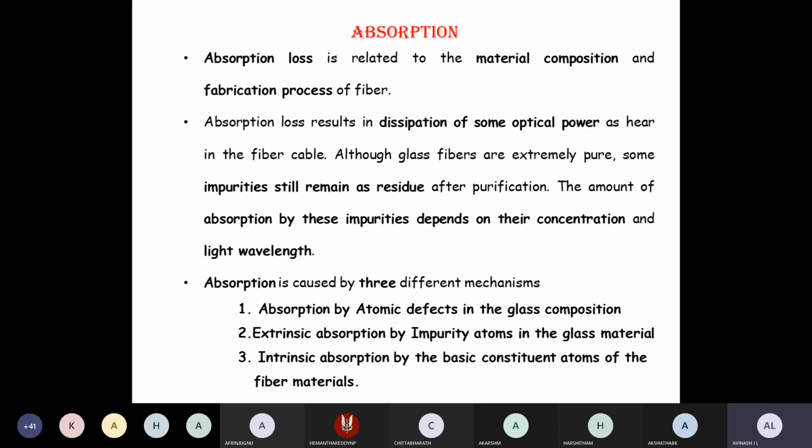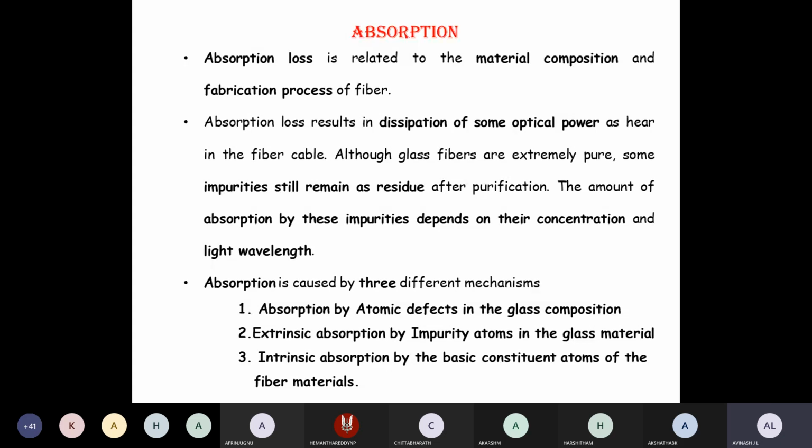Absorption loss results in a dissipation of some optical power as heat in the fiber cable.